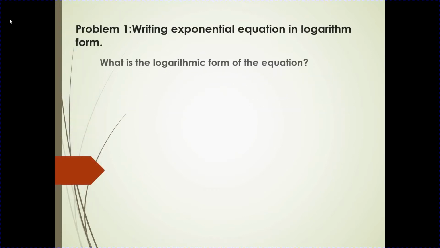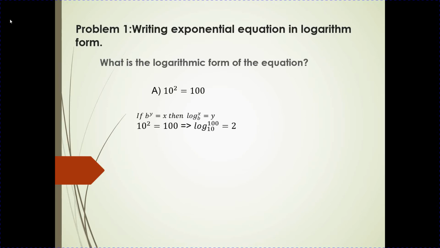Now let's go to problem 1. In problem 1, you are asked to convert the exponential expression to logarithmic form. What is the logarithmic form of the equation? Part A, 10 to the power of 2 equal to 100. To convert this exponential equation to a logarithmic form, you need to apply the definition for a logarithm.